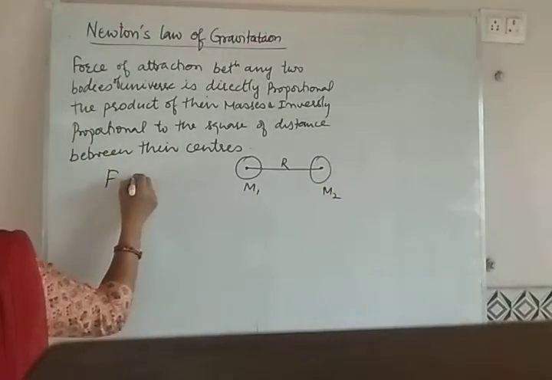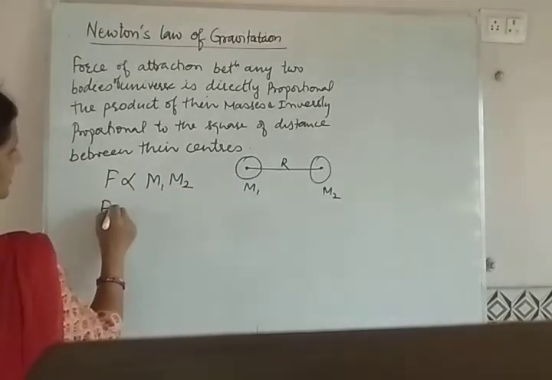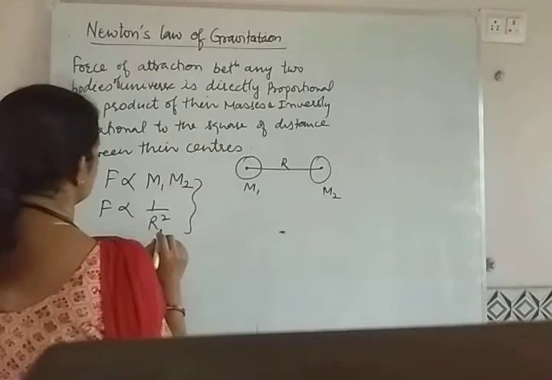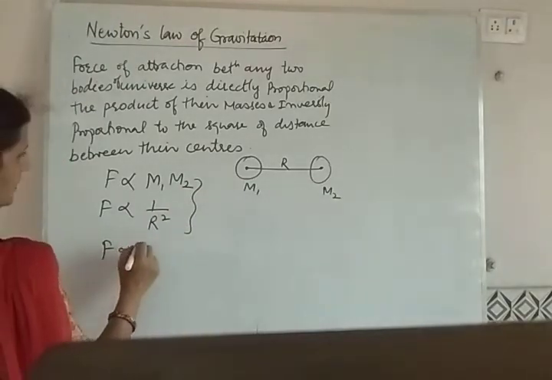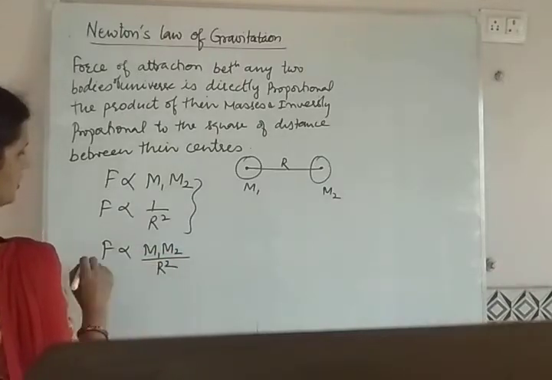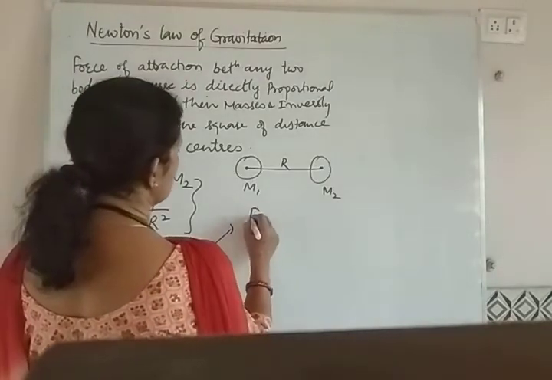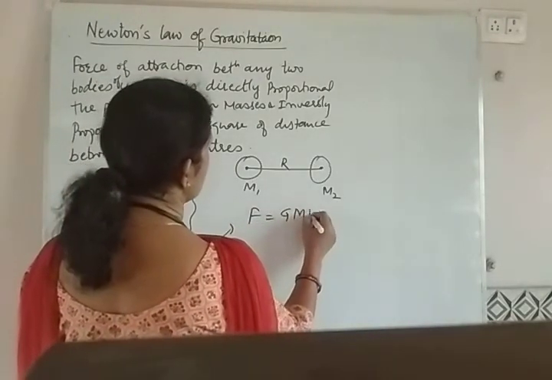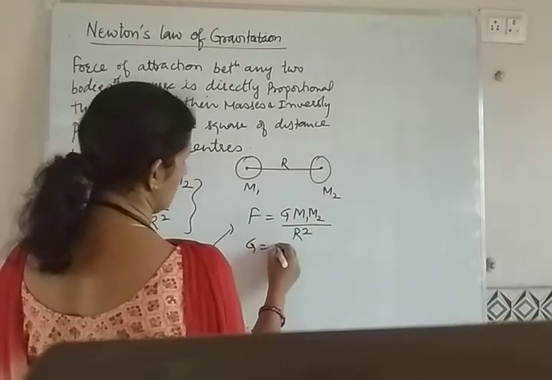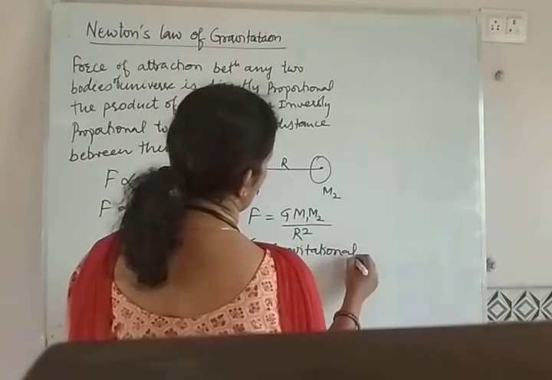Now we can write the force of gravitation is directly proportional to the product of the masses. This force is inversely proportional to the square of distance. By combining these, we can write F is directly proportional to M1 M2 and inversely proportional to R square. Now remove the proportionality sign and we can write F is equal to G M1 M2 by R square, where G is a constant and known as the gravitational constant.